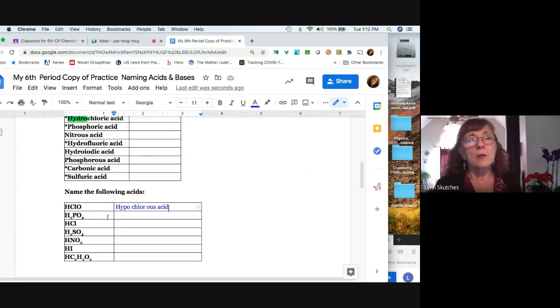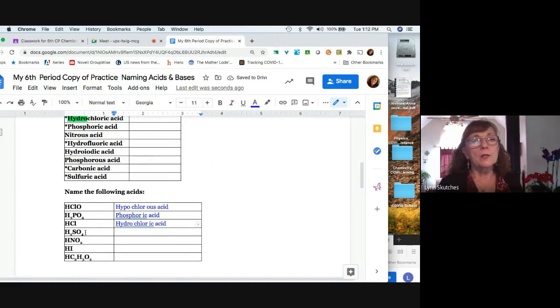This is phosphate, so this is going to be phosphoric acid. And then, of course, binary hydrochloric acid, hydrochloric acid.